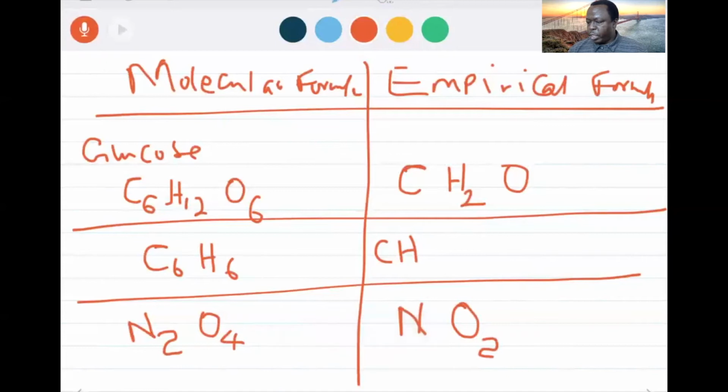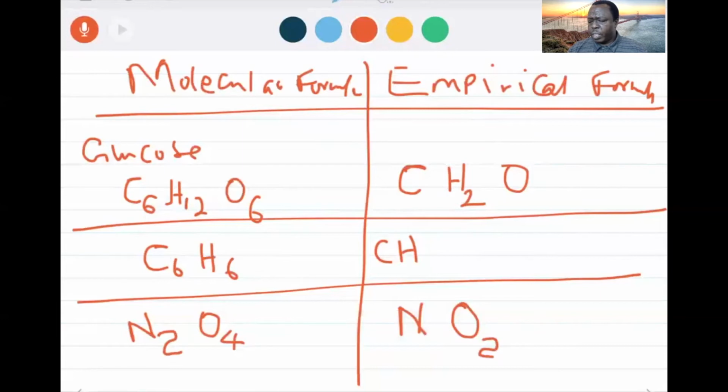I think this is the exercise you will do in the pre-lab assignment. Given the chemical formula or molecular formula, you are supposed to write in some questions the empirical formula. Look at what is common, and you divide by that greatest common divisor to get the empirical formula.